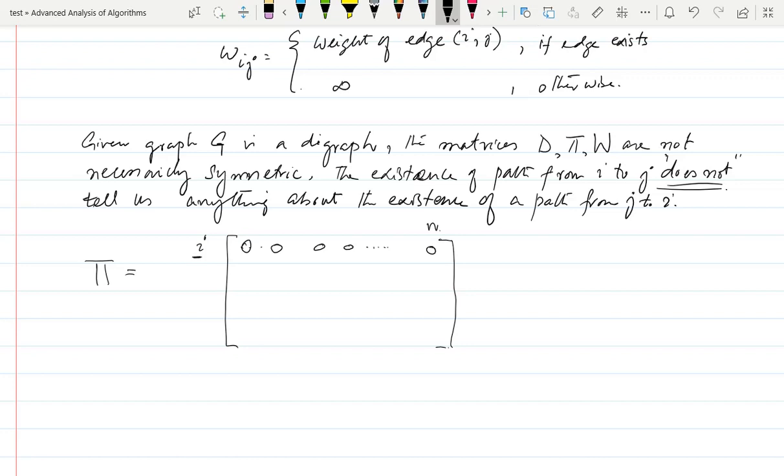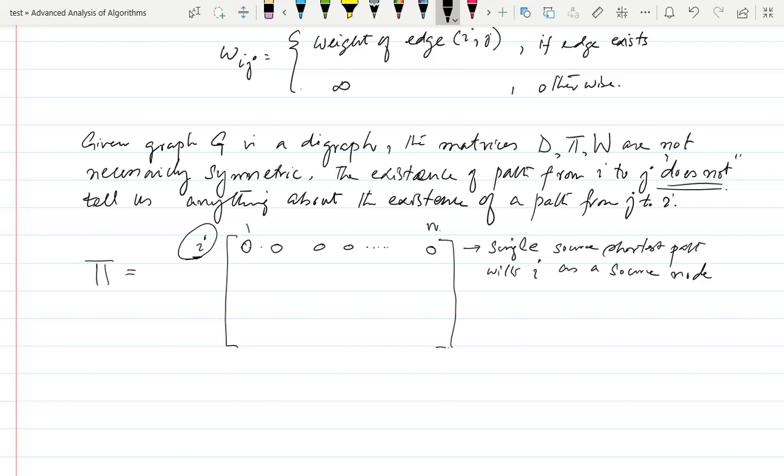So whatever is the ith vertex, so that means we are talking about a single source shortest path with i vertex as a source node.